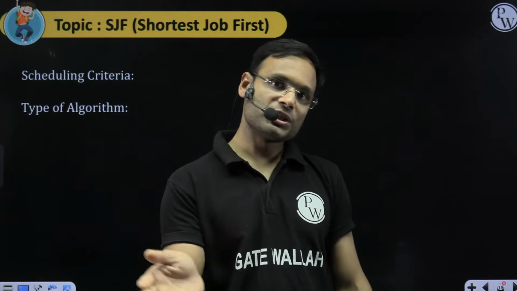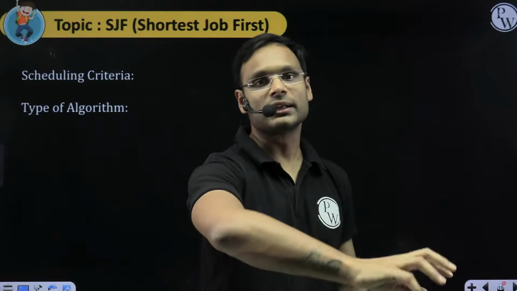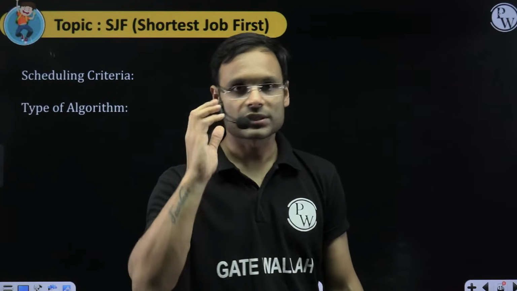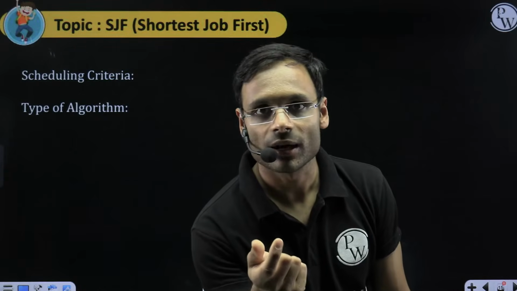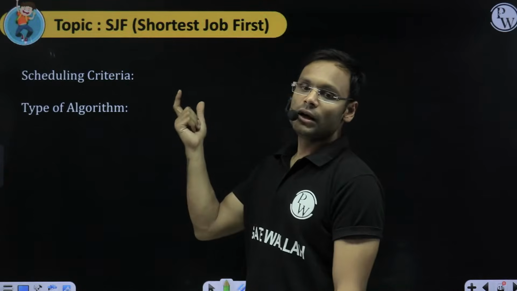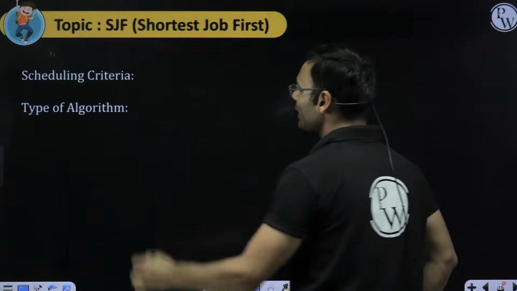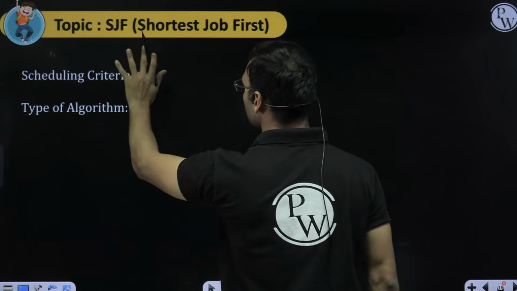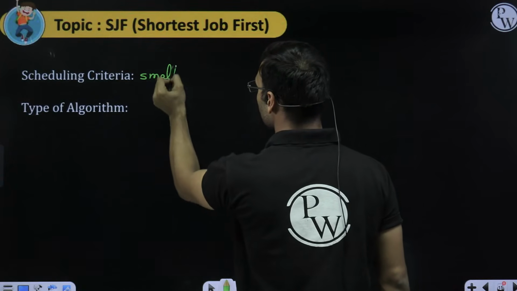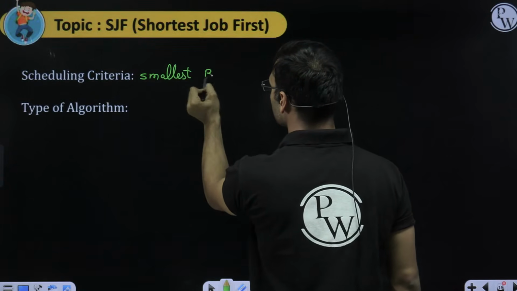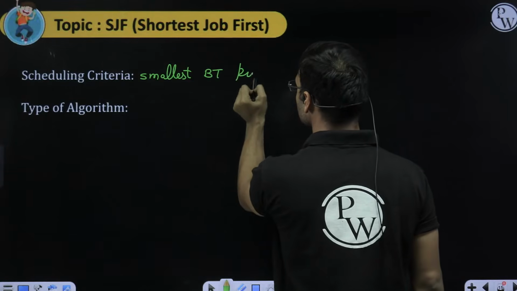The process which is having smallest burst time should be scheduled first. So previously in FCFS, smallest arrival time we were checking out. Here I'll have to check the burst time. So the scheduling criteria is smallest burst time process first.